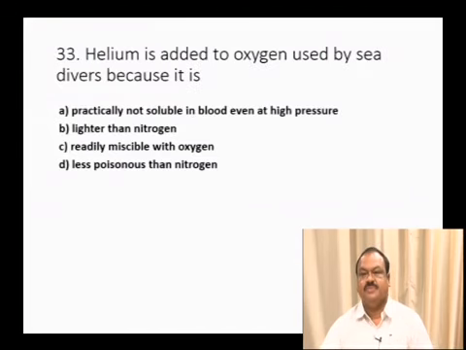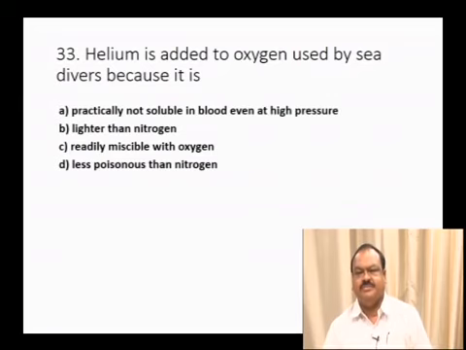Next, helium is added to oxygen used by sea divers because it is practically not soluble in blood even at high pressure, lighter than nitrogen, readily miscible with oxygen, less poisonous than nitrogen. When a person goes to the depth of the ocean, due to high pressure, helium does not dissolve in blood.